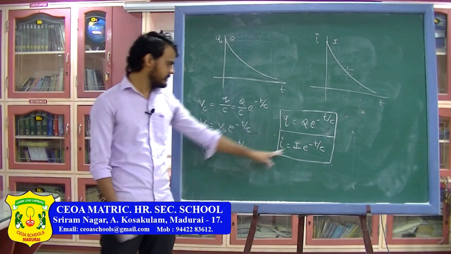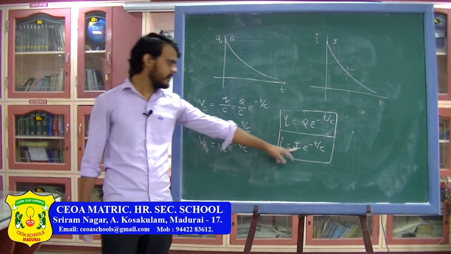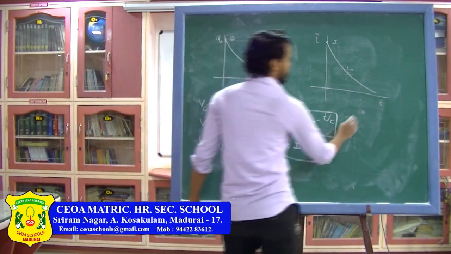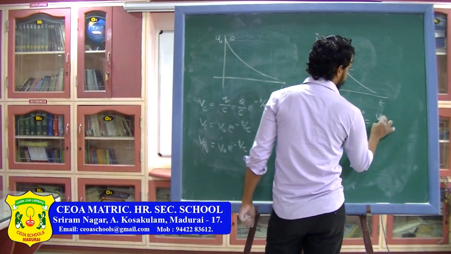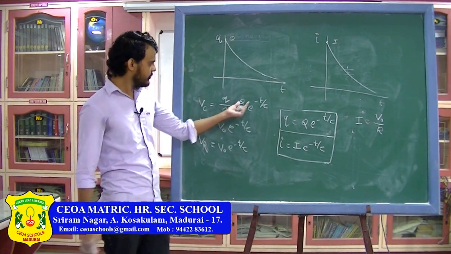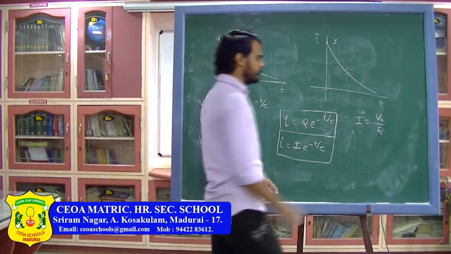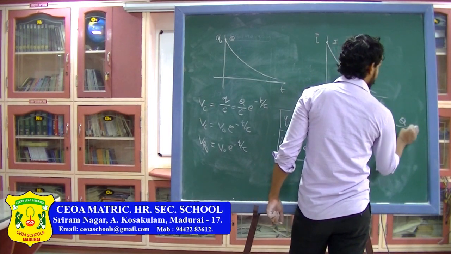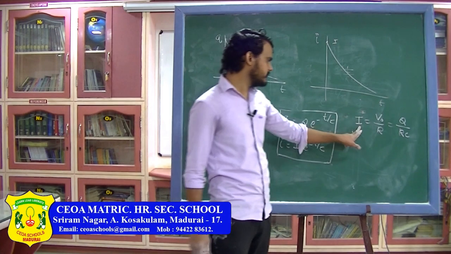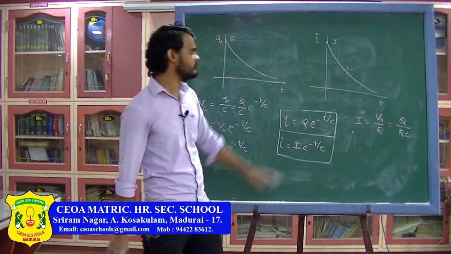So if you compare this relationship and V is equal to IR, you can write I naught is equal to V naught divided by R. So here the initial current I naught is equal to V naught divided by R, and V naught can be written as Q divided by C. So the initial current in the circuit will be Q divided by RC, which is I naught.